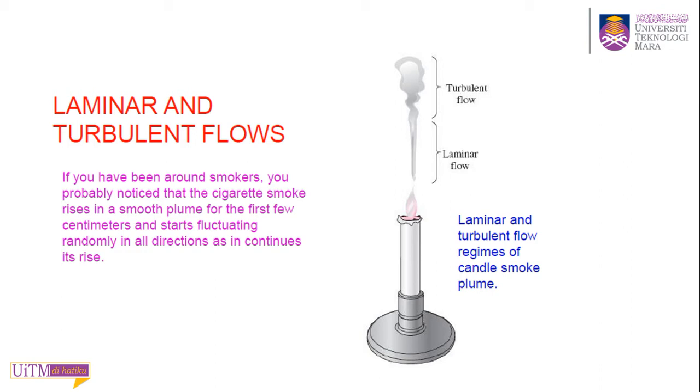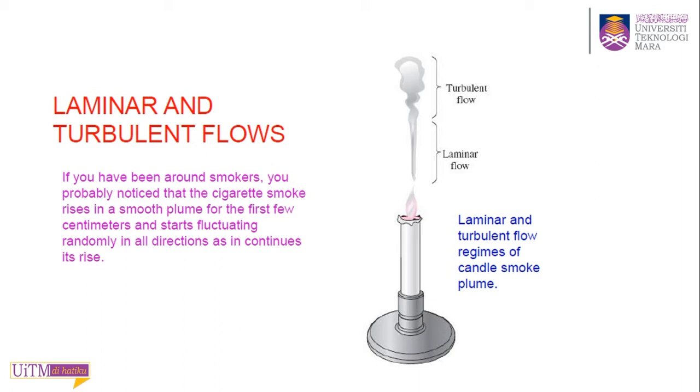I'm not encouraging you to smoke to see this laminar and turbulent flow. Just for your example. So that is laminar and turbulent. Laminar is in an orderly manner, and turbulent has fluctuating velocity, and because of that you have a very disorderly manner of flow.